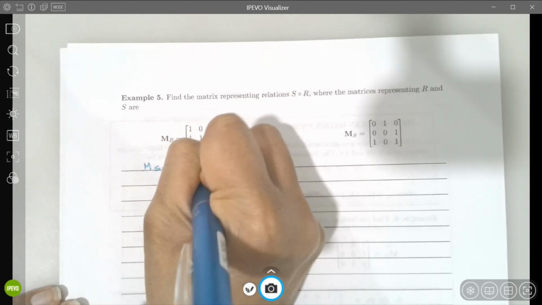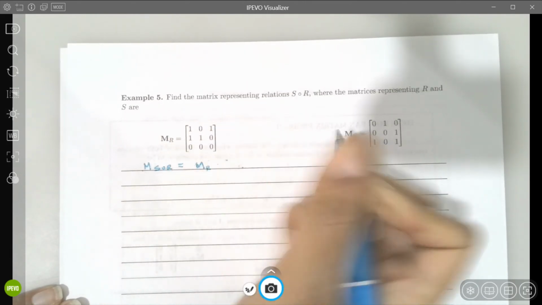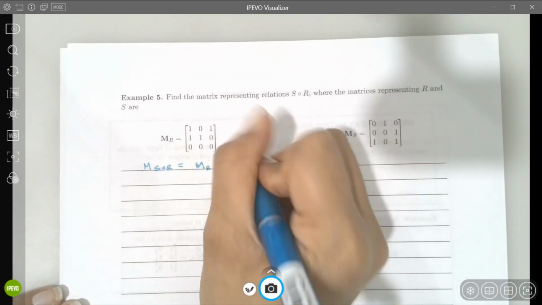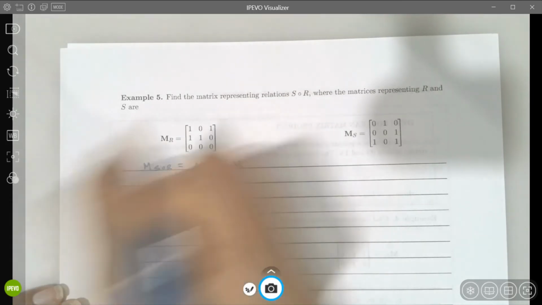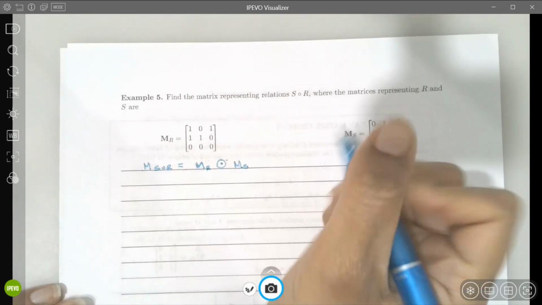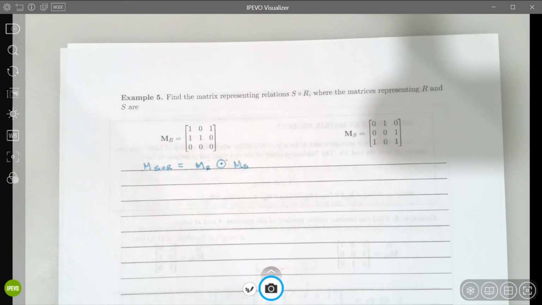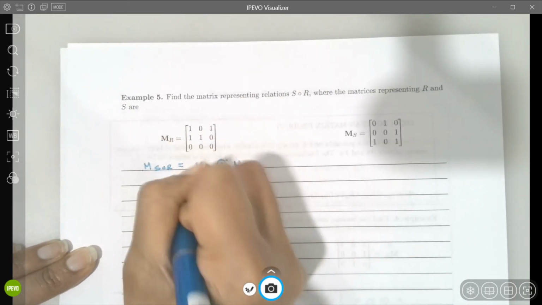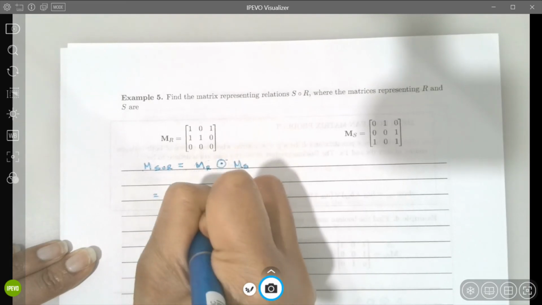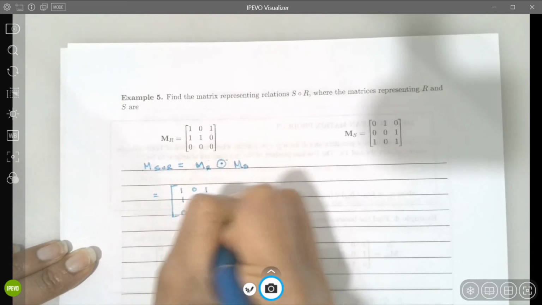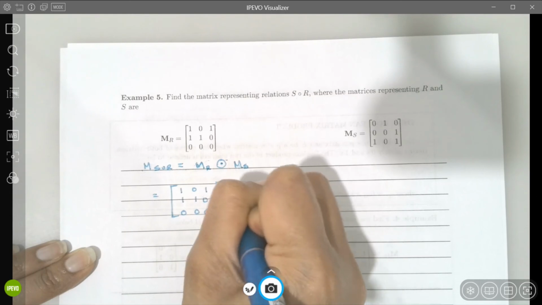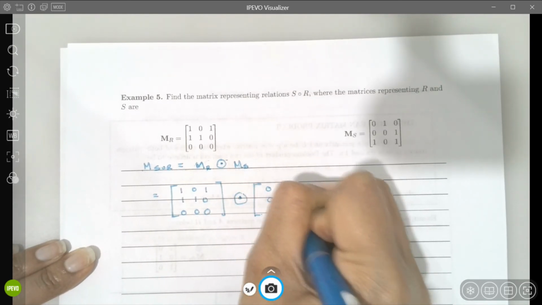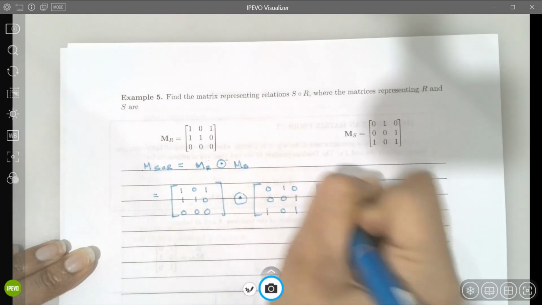That means that we're going to take the matrix of relation R and take the Boolean matrix product with the matrix representing relation S. Okay, so what that means is that we'll have 1, 0, 1, 1, 1, 0, 0, 0, 0, Boolean product with 0, 1, 0, 0, 0, 1, 1, 0, 1.